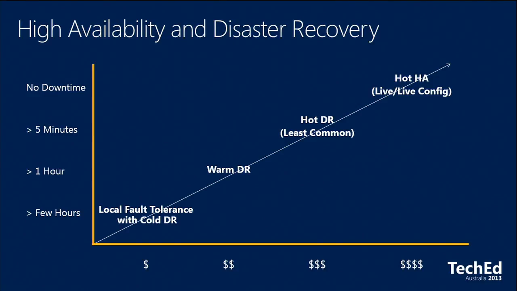Because it's cheap, but recovery time's going to be a few hours. The next step above that, if you want to reduce your recovery time, is this concept of warm DR we'll look at. Above that is this idea of if I want next to no downtime, I need hot DR. If I want zero downtime, I need high availability, right? And with each step comes an exponential and incremental cost. Yeah?